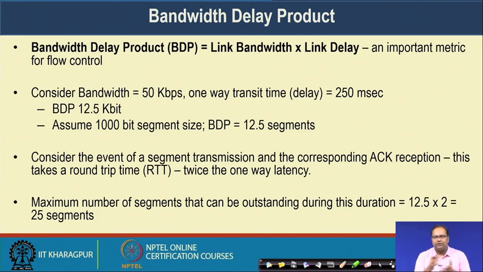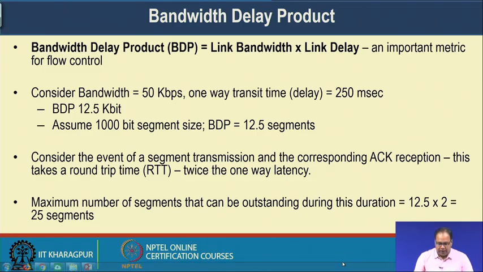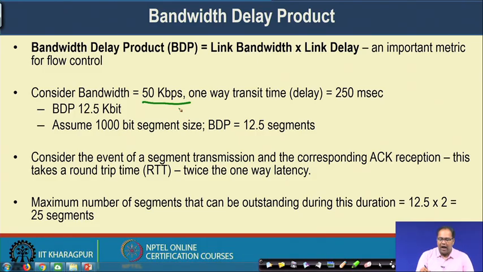As the name suggests, bandwidth delay product is a product of link bandwidth and link delay, if you consider an end-to-end link. If your end-to-end link has a bandwidth of say 50 kbps and a one way transit delay of 250 millisecond, then your BDP, 50 kilobit per second into 250 millisecond, comes to be 12.5 kilobit.